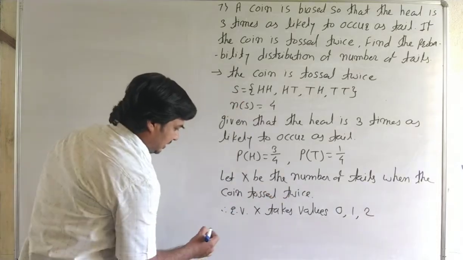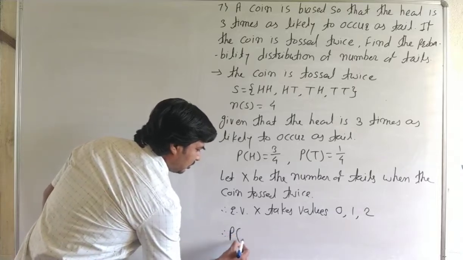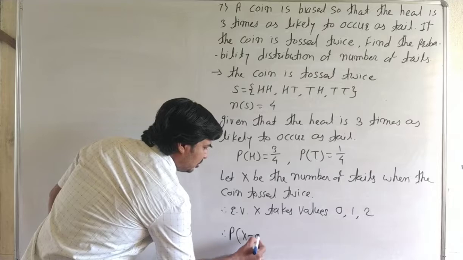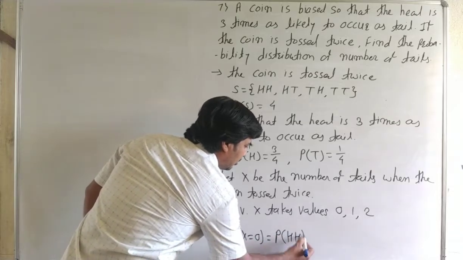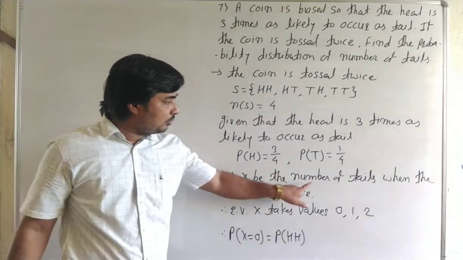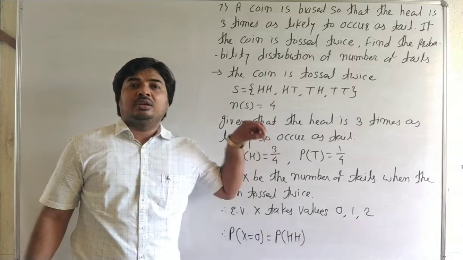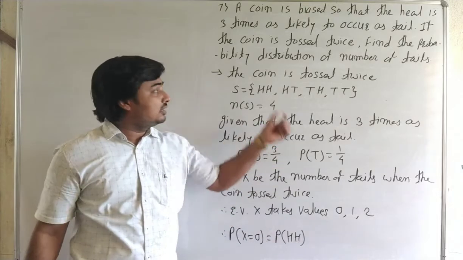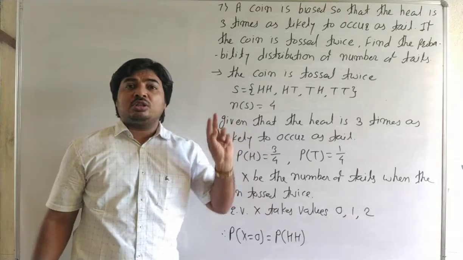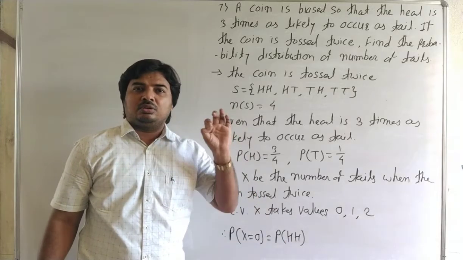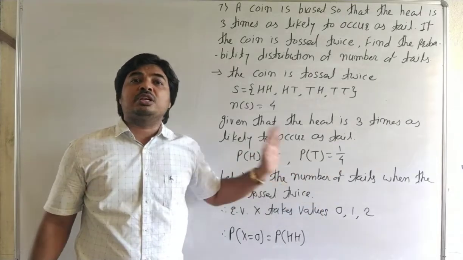Now see carefully. Here we want to find the probability of X equal to 0. X equal to 0 means the probability of all heads. Here X is the number of tails, and the number of tails is 0 when both outcomes are heads. When the coin is tossed twice, the first outcome is head and the second outcome is also head.